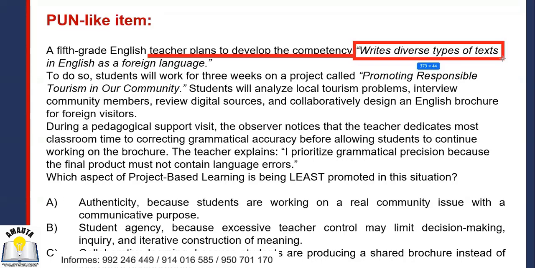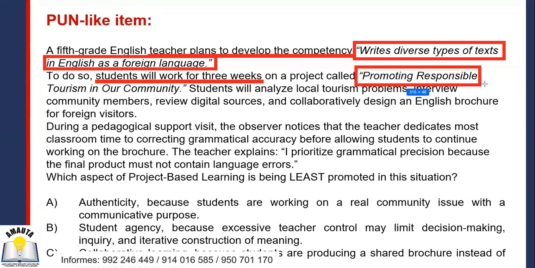The writing skill is here, all right? So this is what the teacher wants. To do so, students will work for 3 weeks on a project called Promoting Responsible Tourism in Our Community. Good. For 3 weeks, all right?